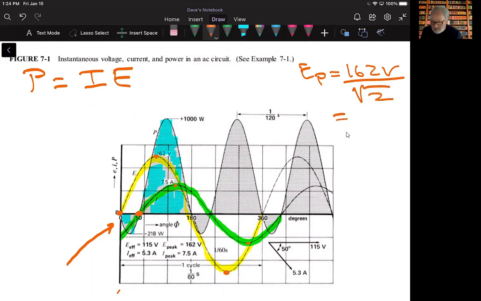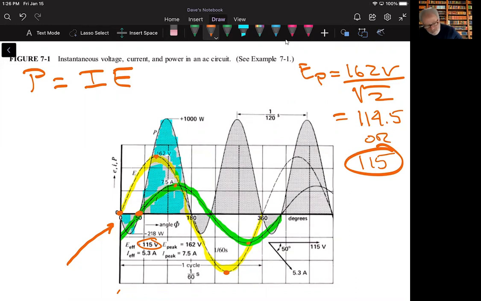If I plug that into my calculator, I get the answer that's on the slide, 114.5, or as he does in the text, he rounds that to 115 volts. So a peak value of 162 equals an effective or DC equivalent value of 115 volts.